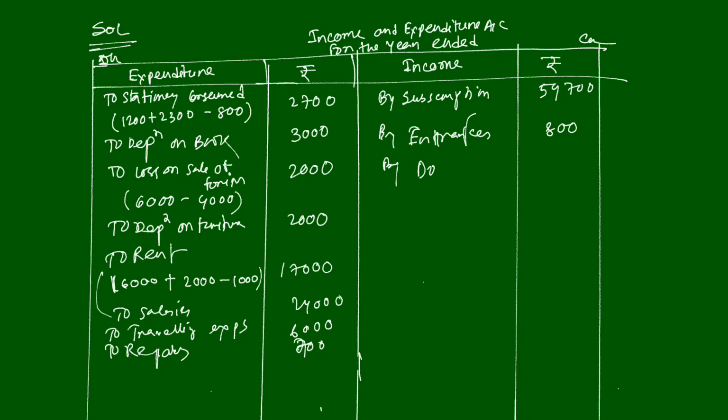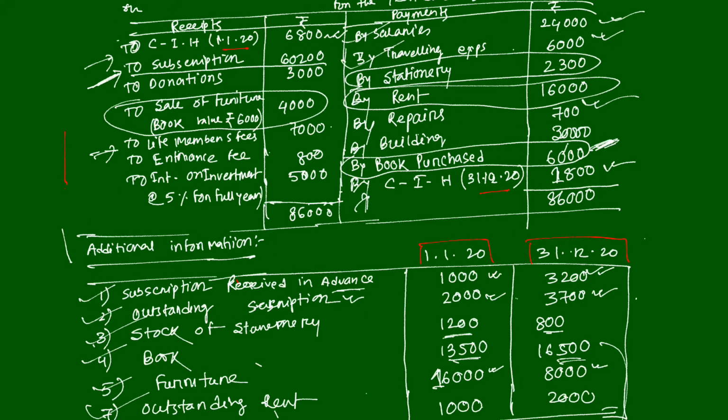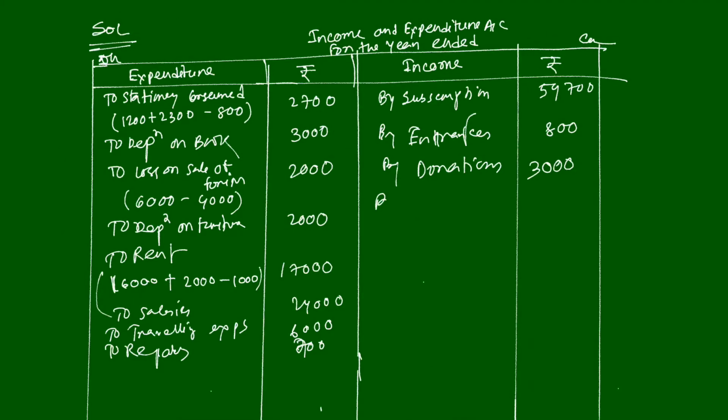By donation, what is the value? 3,000. Next, already written donations, entrance fees, interest on investment. Here it is written interest on investment 5,000, by interest on investment 5,000. Okay, everything will be written now.